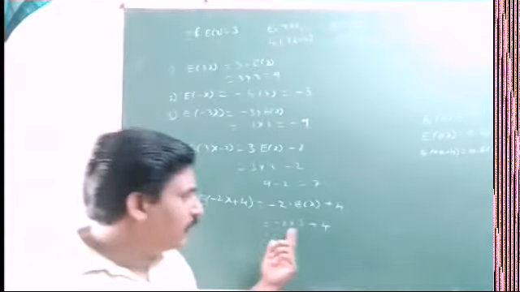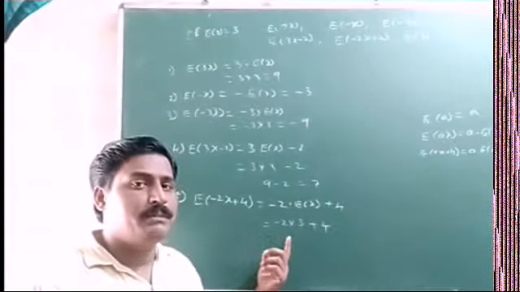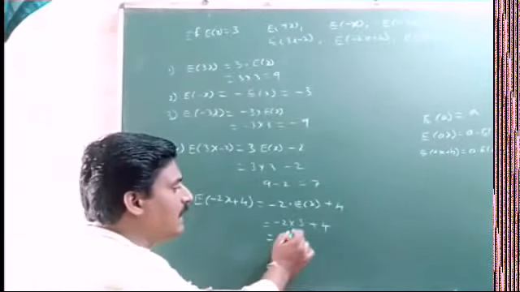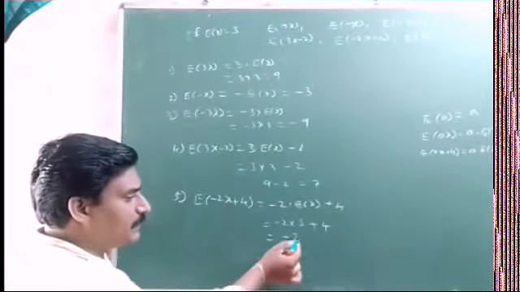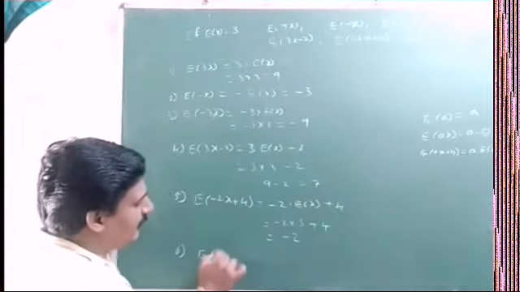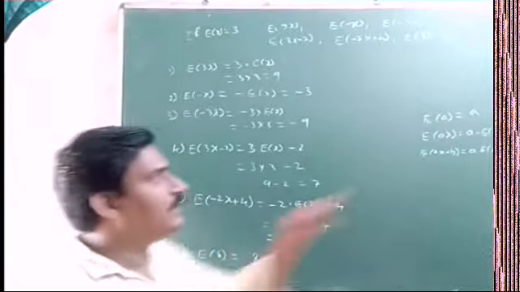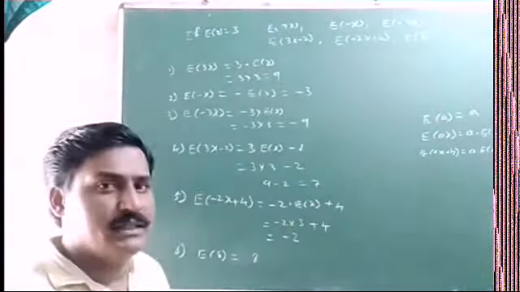So 2 into 3 is 6, and 2 is minus, so it becomes minus 6. Minus 6 plus 4, we get minus 2. And the last one, E of 8 is equal to 8 itself, because E of a is equal to a.